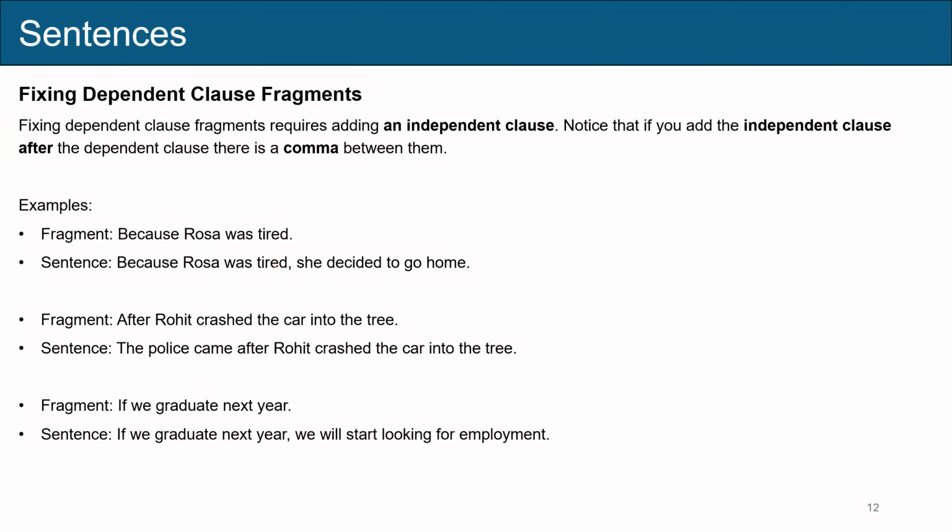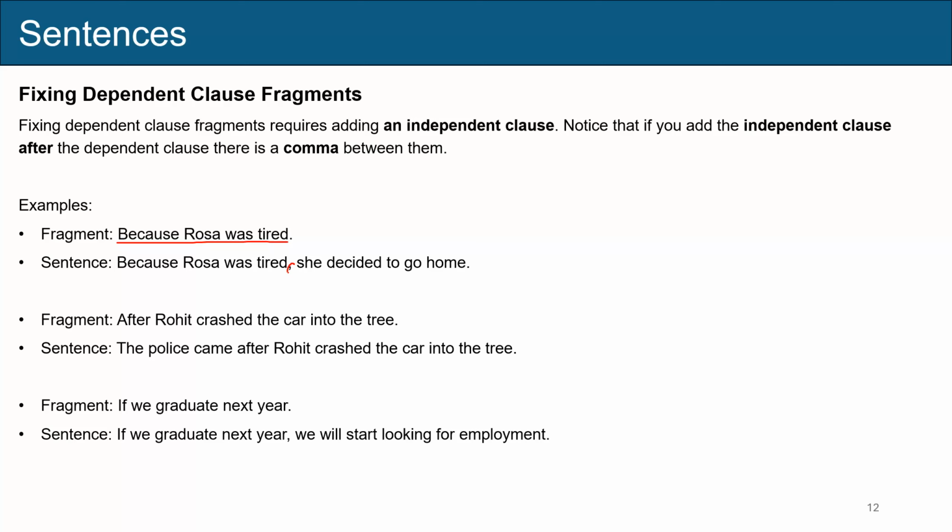We can also fix dependent clauses by adding more information. Because Rosa was tired, again, in conversation, we might use this to answer a question about Rosa, but in academic writing, we need to make sure the thought is complete. Because Rosa was tired, she decided to go home.